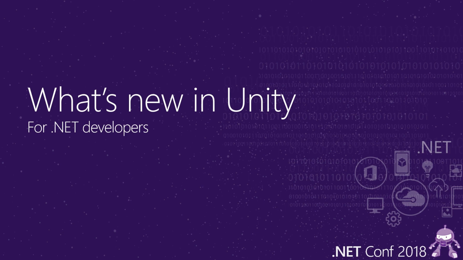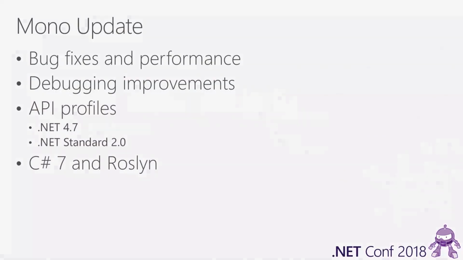And one thing that has been brewing for the last year: if you've been doing Unity development, you will have noticed that from inside Unity, the default right now is that you're targeting .NET 3.5 using C# 4. And this is .NET Conf. We are already starting to discuss C# 8 in the future, everything that's new in .NET 4.7, everything that's new in .NET Standard 2.